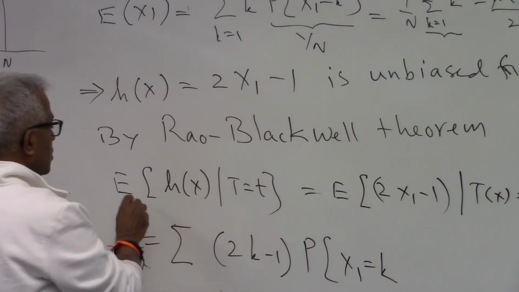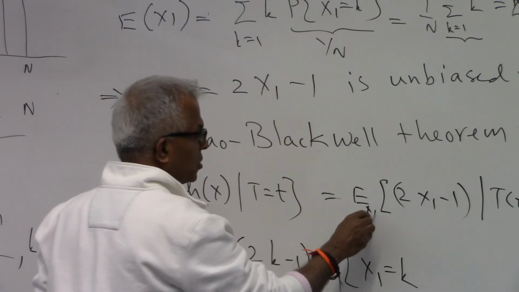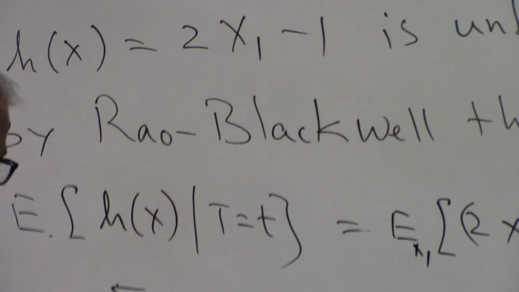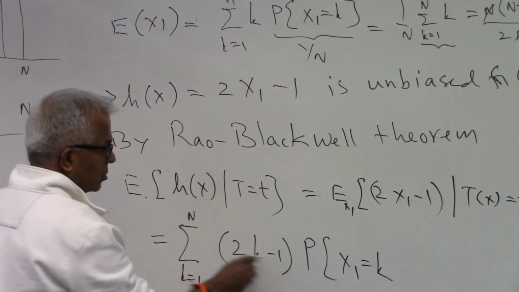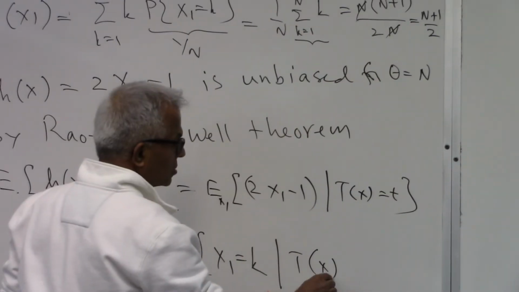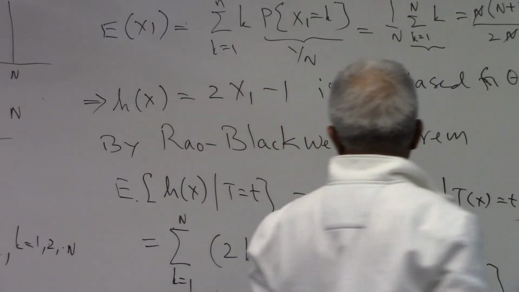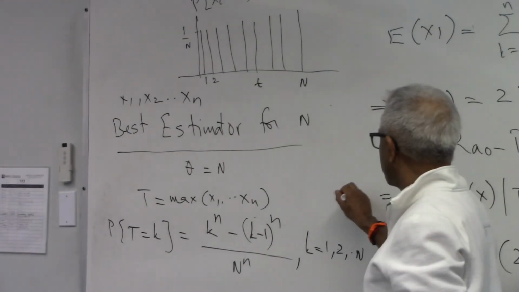Remember, the expectation is on x1. So x1 goes from 1 through n, so the sum of 2k minus 1, conditioned on Tx equal to t. Let me call this the best estimator, t naught.